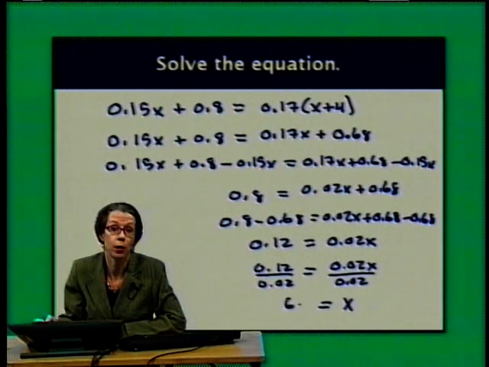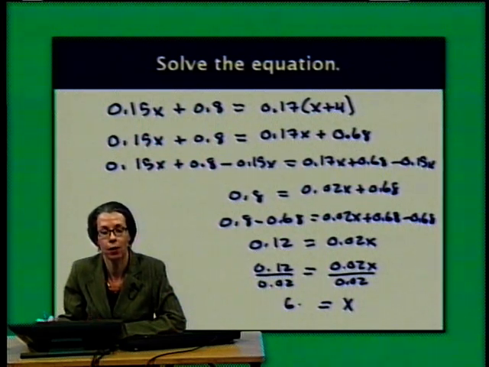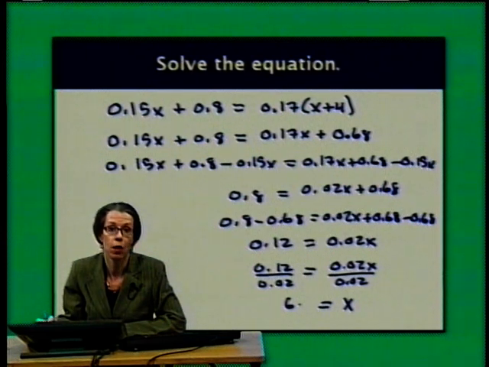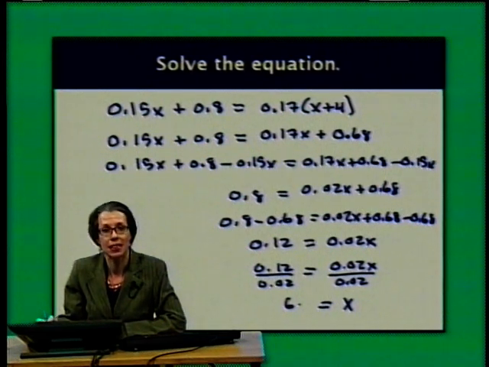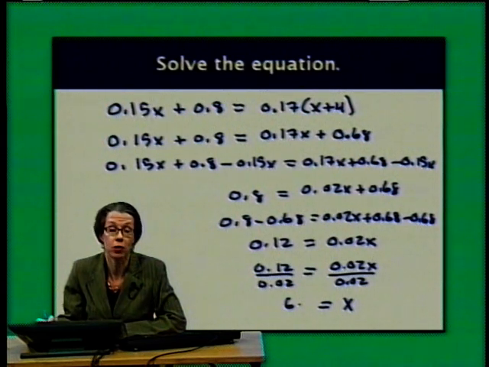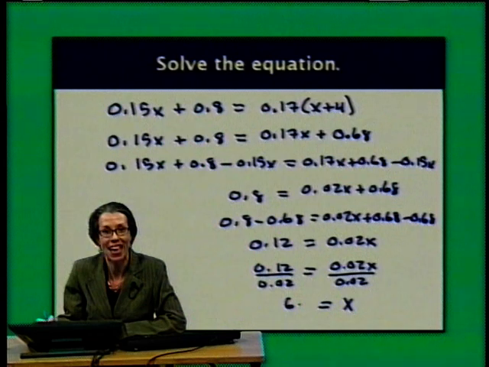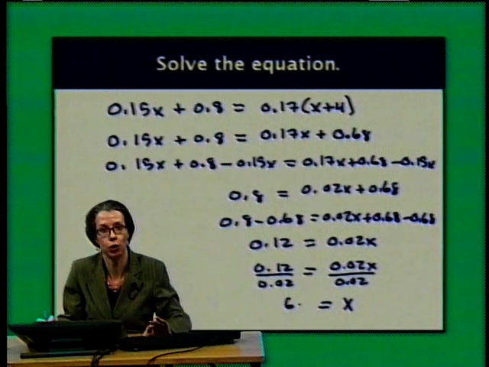So I end up with the equation 6 equals x, or x equals 6. What was x? This is the amount of 15% solution. So Marcus is mixing 6 ounces of the 15% solution with 4 ounces of 20% solution to end up with 10 ounces of 17% solution.